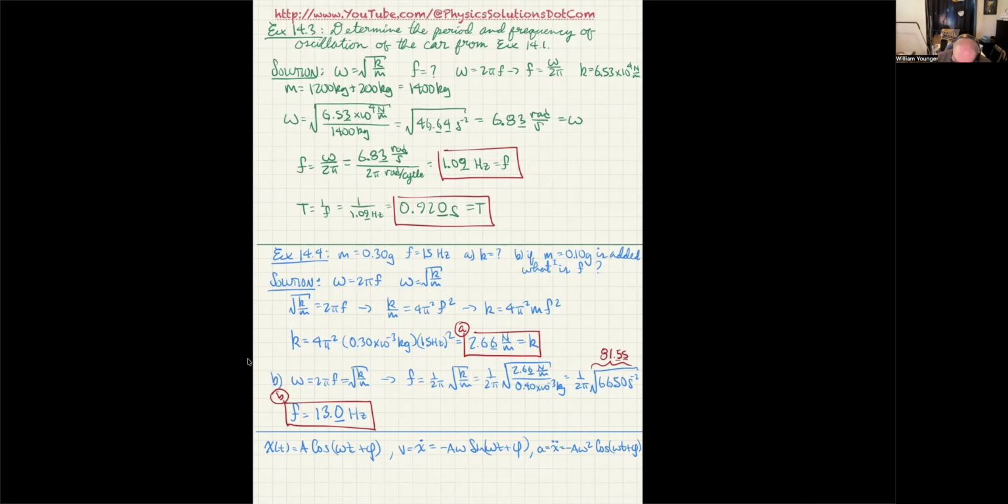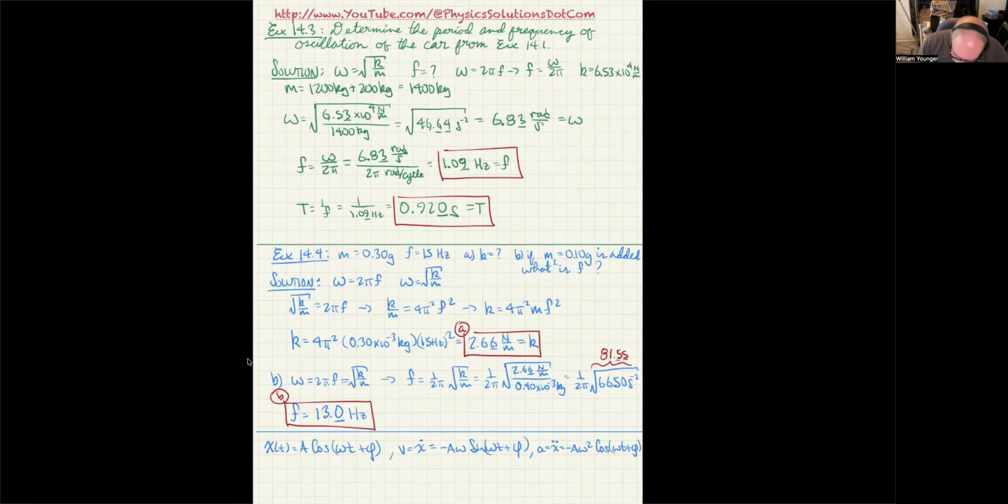And those are our equations. Now, what we need to notice is that sine and cosine just oscillate back and forth between plus 1, 0, minus 1, 0, plus 1, 0, minus 1. They always do that. In fact, the actual amplitude of the velocity or the x or the acceleration would be whatever number is in front of the sine or the cosine function.